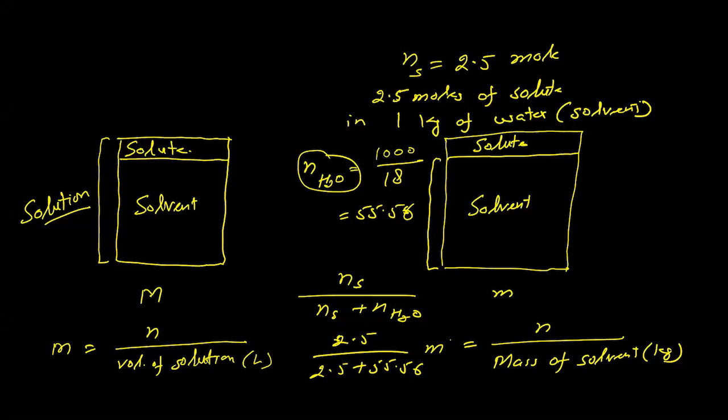A few questions are basically from that assignment, which I am going to do today. Here there should not be any confusion because solvent is different and solute is different in case of molality, so you don't even need to do approximation. Everything is given.